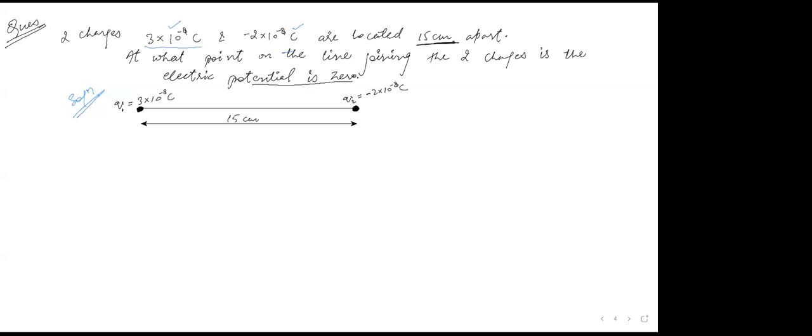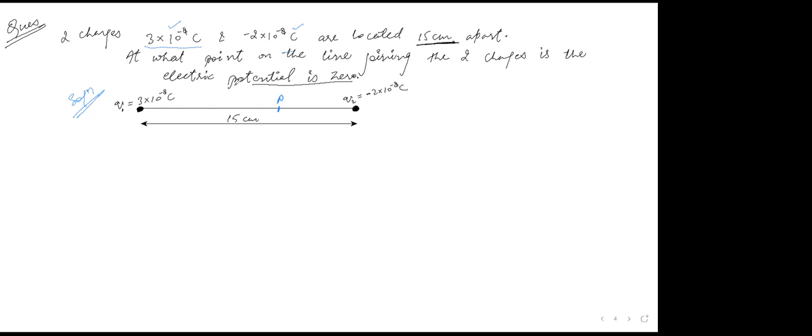Yes, sir. First of all, we are going to choose any point here, and this point is your point P. We can assume that at point P, your potential is 0.